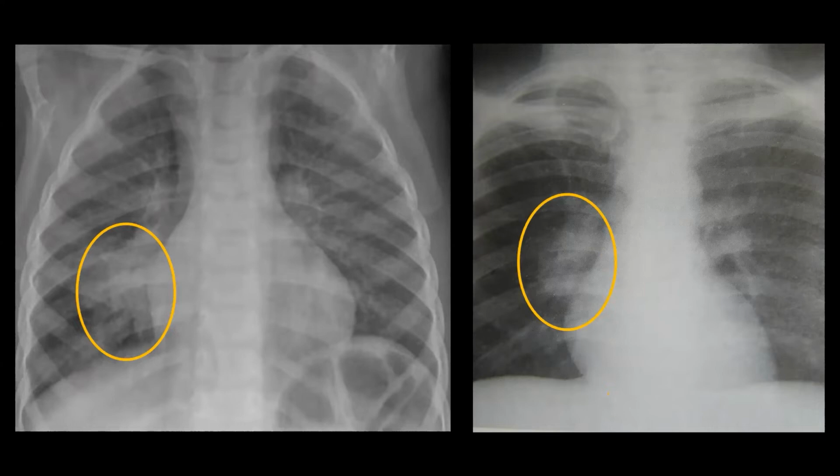And then the image to the right of your screen, that is right hilar adenopathy, which can also be a sign of TB disease. And I would say that if people are looking at these films quickly, you might miss those two things, but those would be important indicators in someone who had risk factors, positive testing, skin testing, IGRA, or certainly symptoms.